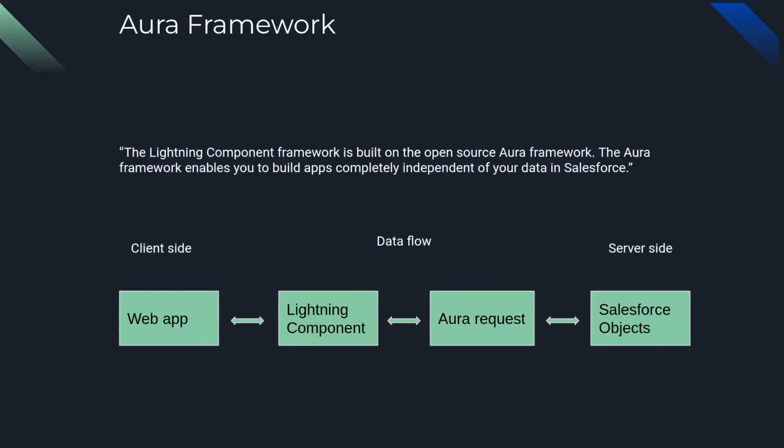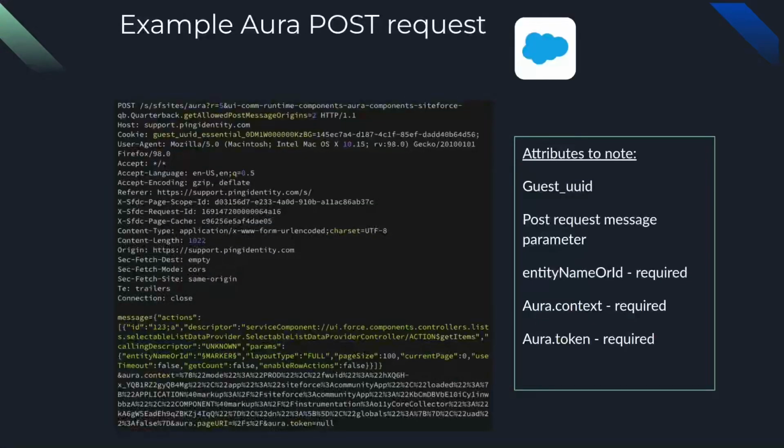Now let's look at a request. This is an example Aura post request. So it looks pretty similar to a lot of post requests you would see via web app.